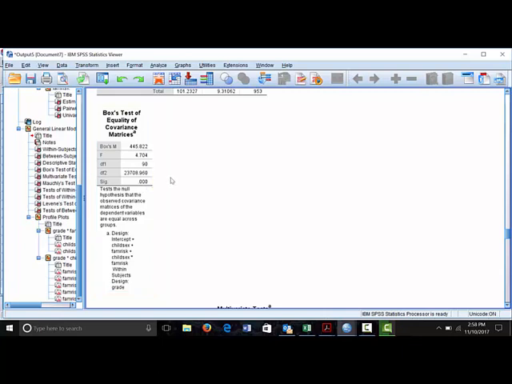So we have reason to believe that we have a violation of homogeneity of variance and covariance matrices, which suggests that we have problems with the comparability of our cells across time because the variances are not equivalent. We're going to proceed for this illustration, but I want you to understand that Box's M is highly sensitive, but once we drop much below 0.001, we may be in an area where the consequences are somewhat concerning.